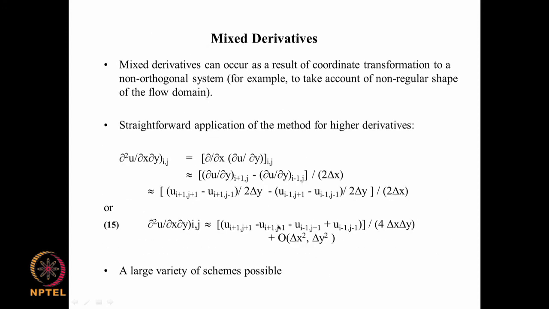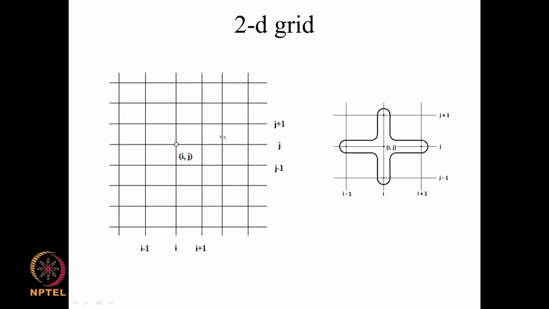If you now go to this particular thing here, we are evaluating dou square u by dou x dou y at this particular point i j here. For this you have i+1, j+1 is this point, and you have i+1, j-1 which is this point here, and you have i-1, j-1, and you have i-1, j+1.